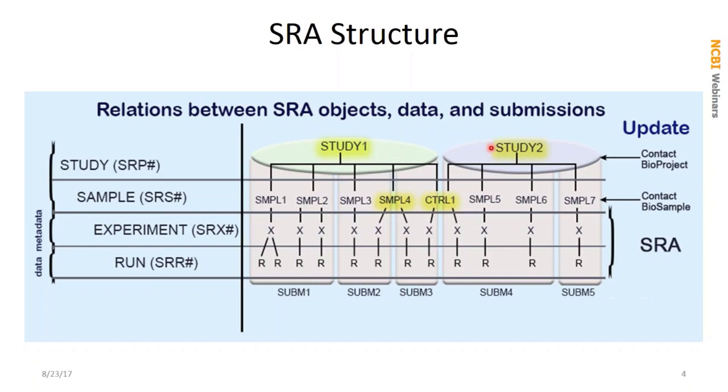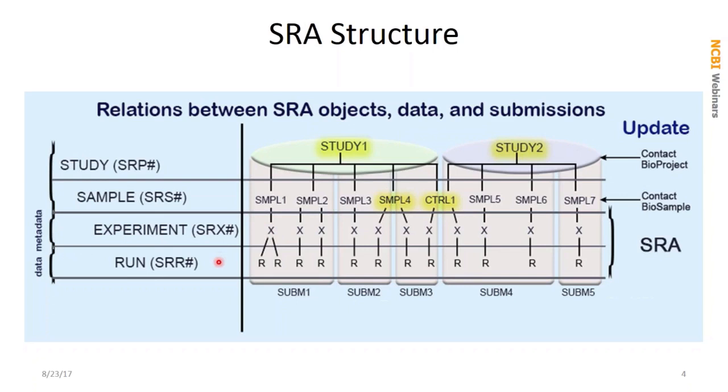Now underneath the study and the samples, we have two more categories, experiment and run. This information is directly stored in SRA. Experiment accessions with the SRX number have all of the metadata provided by the researcher contained within it. And underneath that, we have the SRR numbers, which are our run accessions.